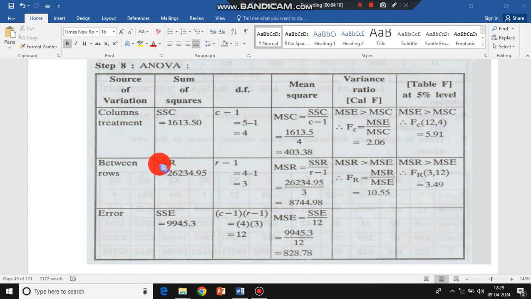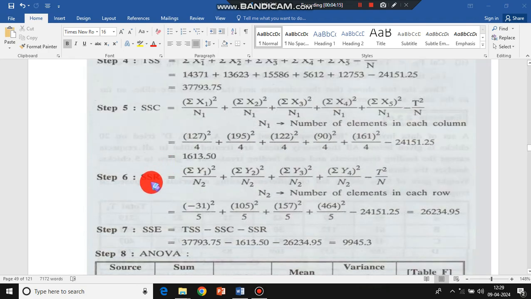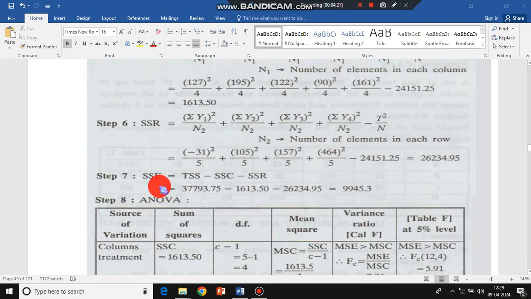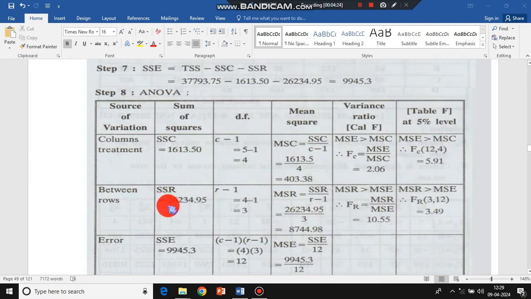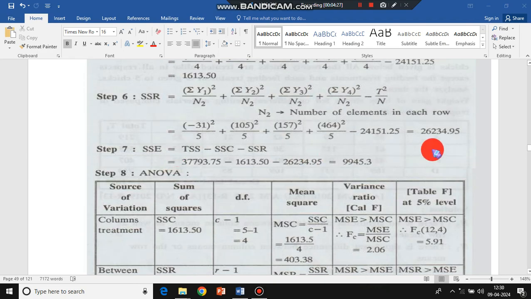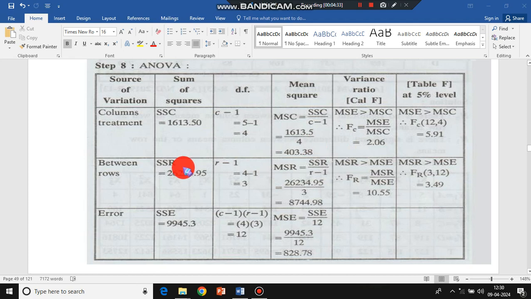In the same way we have to calculate between rows also. SSR, sum of squares row wise, we have already calculated, go back and see there, 26,234.95. Now the degrees of freedom for between the rows is R minus 1.